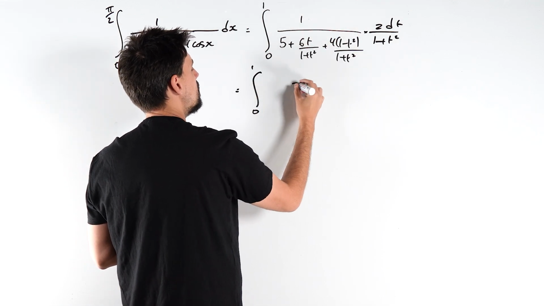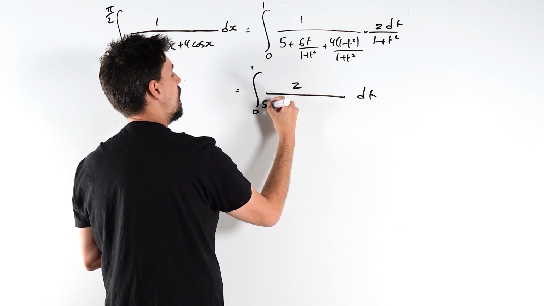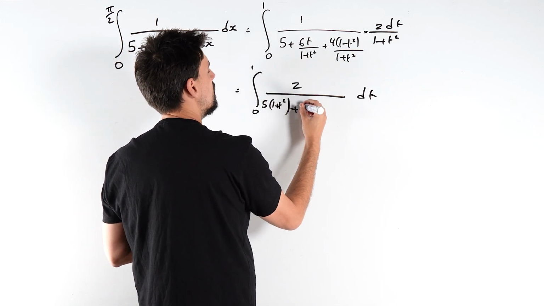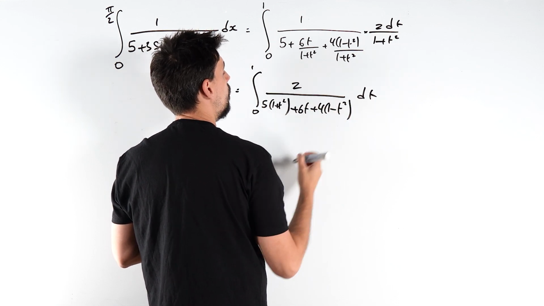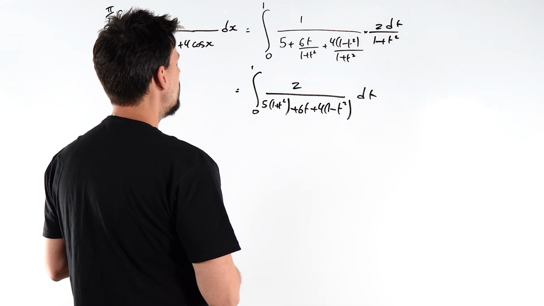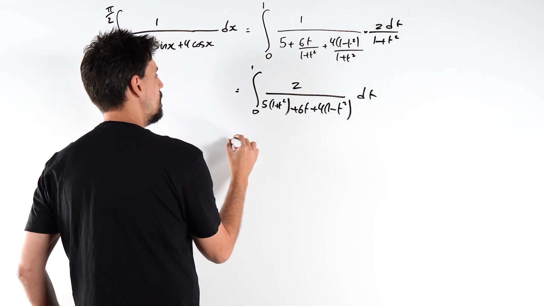There's a 2 on top, so that's nice. I end up with 5 times 1 plus t squared. I'll end up with a 6t and a 4 times 1 minus t squared. Okay, all right, okay. So what does that give me? Anything fun?